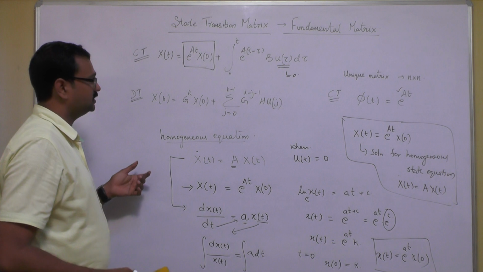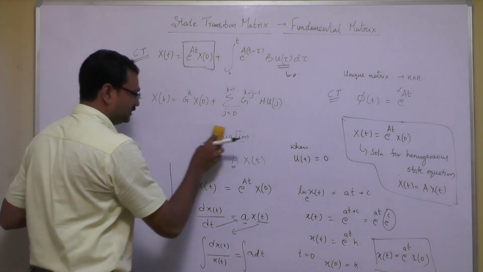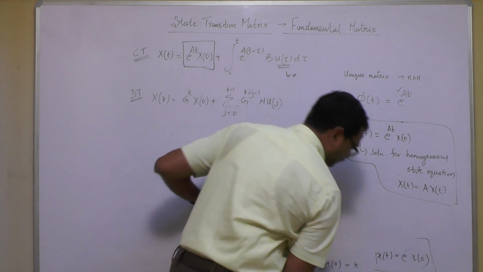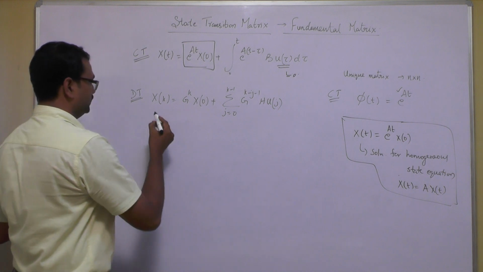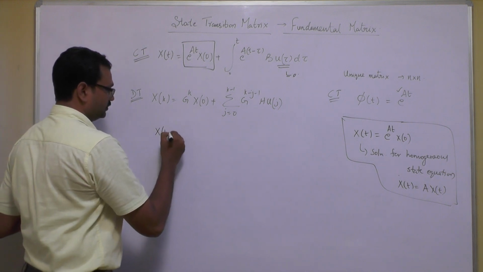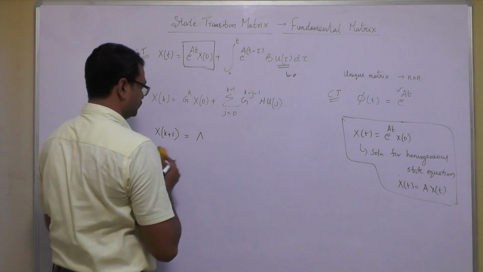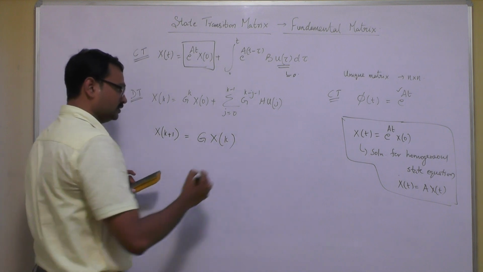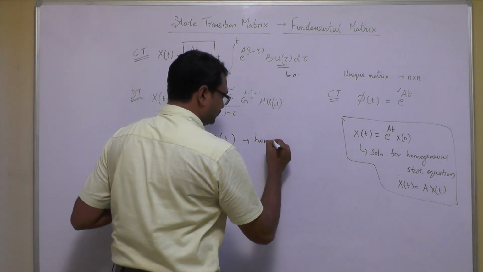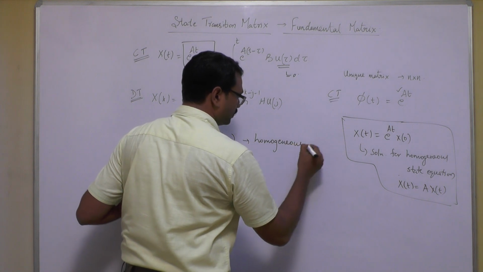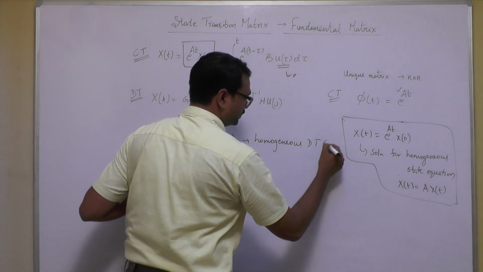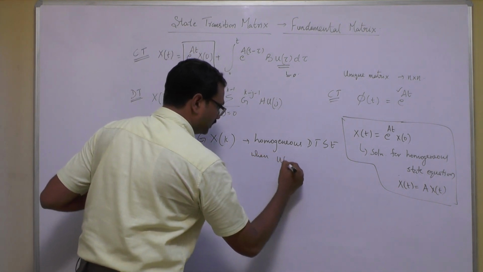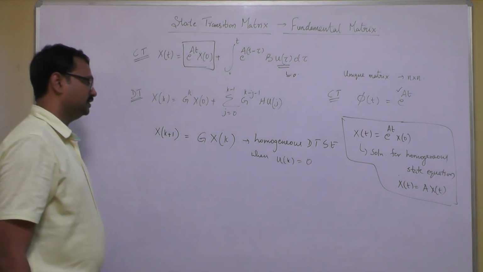Considering this in mind, for the discrete time system we have x of k plus 1 is equal to g into x of k. This is a homogeneous discrete time state equation, that is when u of k is equal to 0.